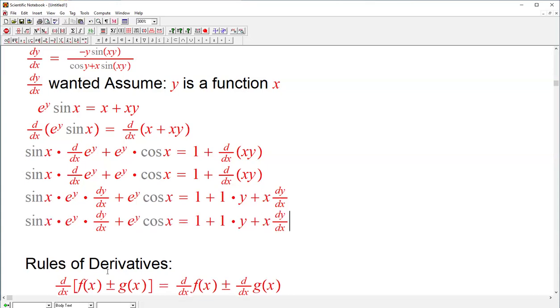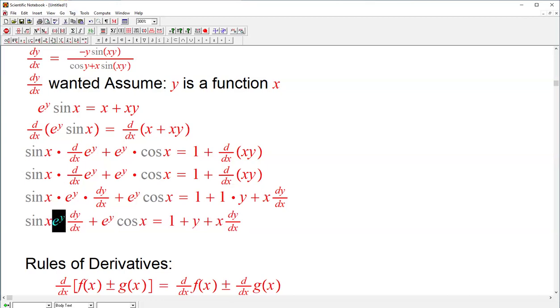We can get rid of some of the dots. For example, I can get rid of this 1 times y, the 1 dot times y. Over here, I want to remove the dot. I can remove the dot, but if I remove this dot, that could cause confusion.